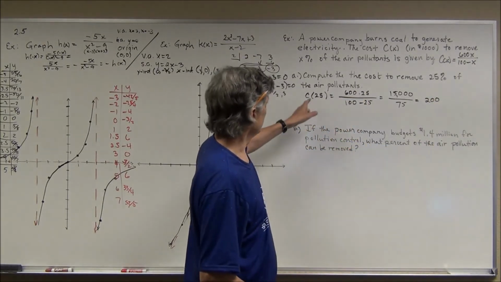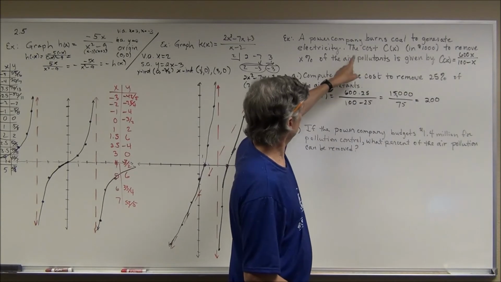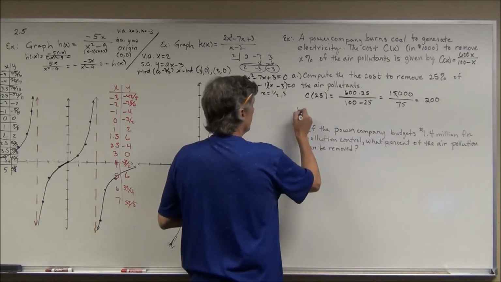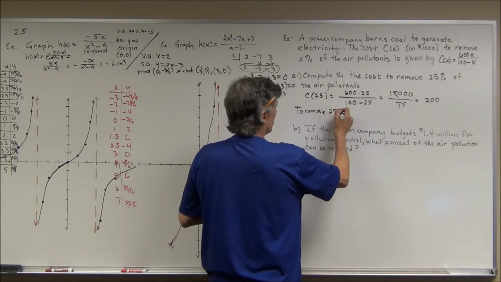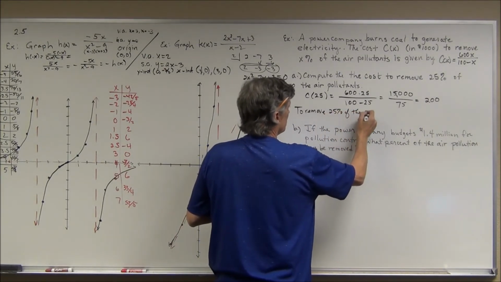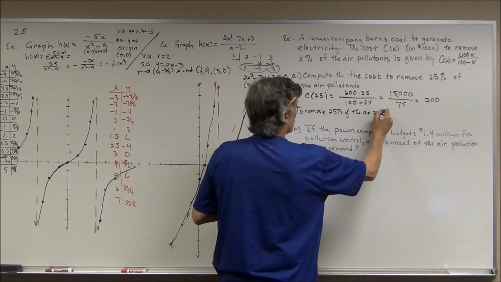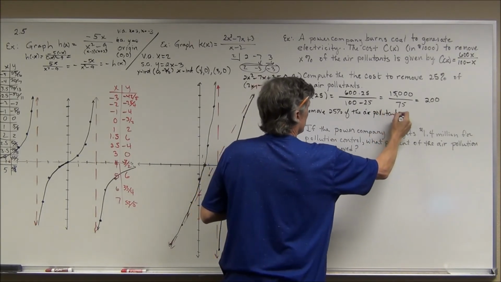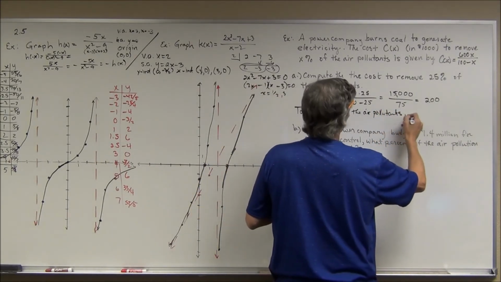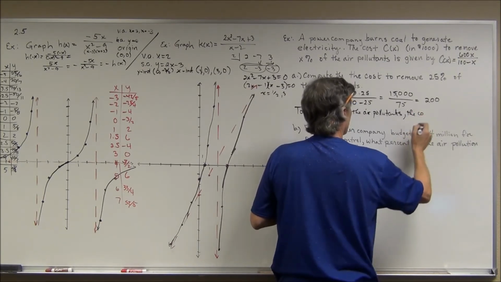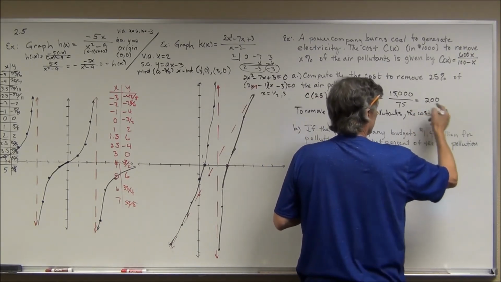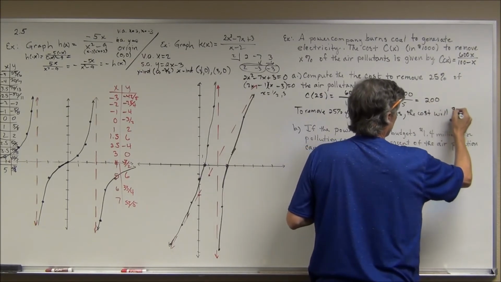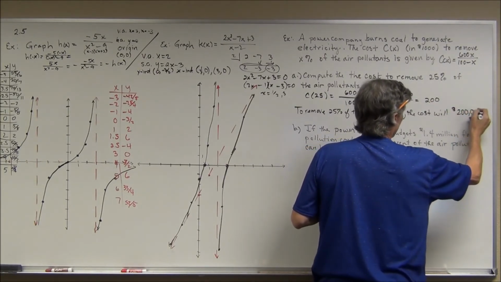Now remember, C of X is in thousands of dollars, so to remove 25% of the air pollutants, the cost will be $200,000.